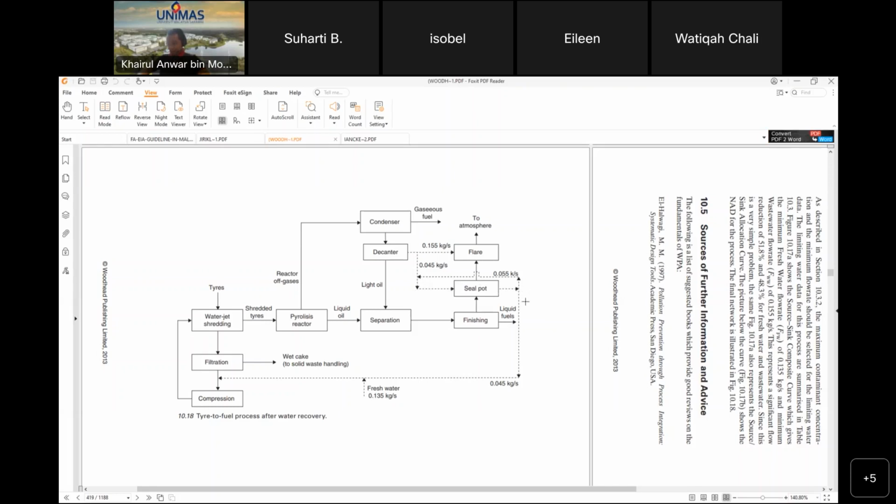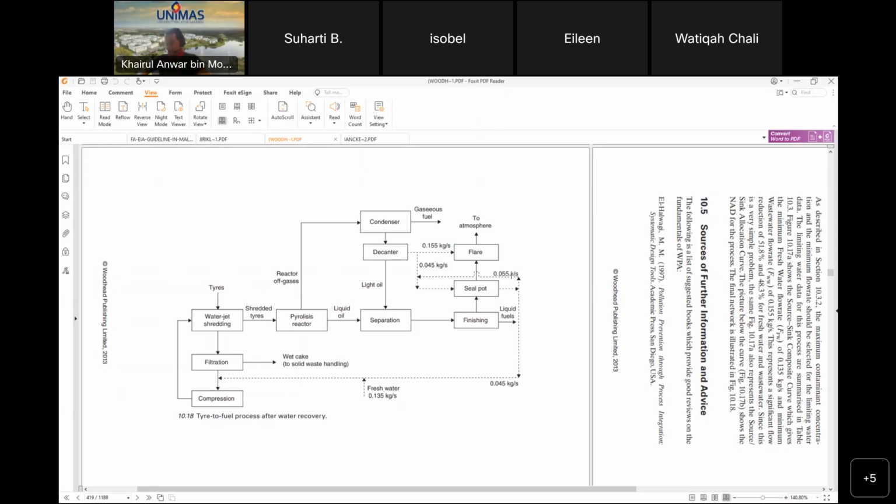So from the seal pot, which is source 2 wastewater, comprising 0.1 kilogram per second, 0.045 goes to the filtration, after filtration, which is compression.